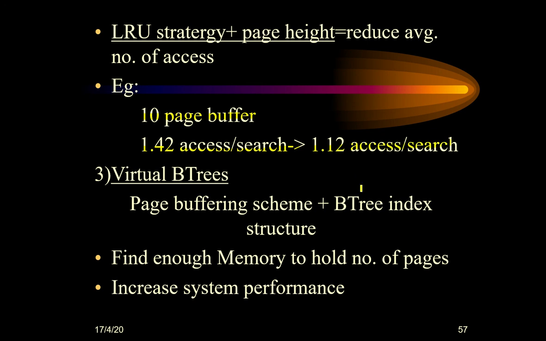This is the improvement we see when we introduce the least recently used strategy and page height. So we come to the concept again that virtual B-trees help us improve system performance, because we are able to handle the number of pages inside the memory efficiently. Thank you.